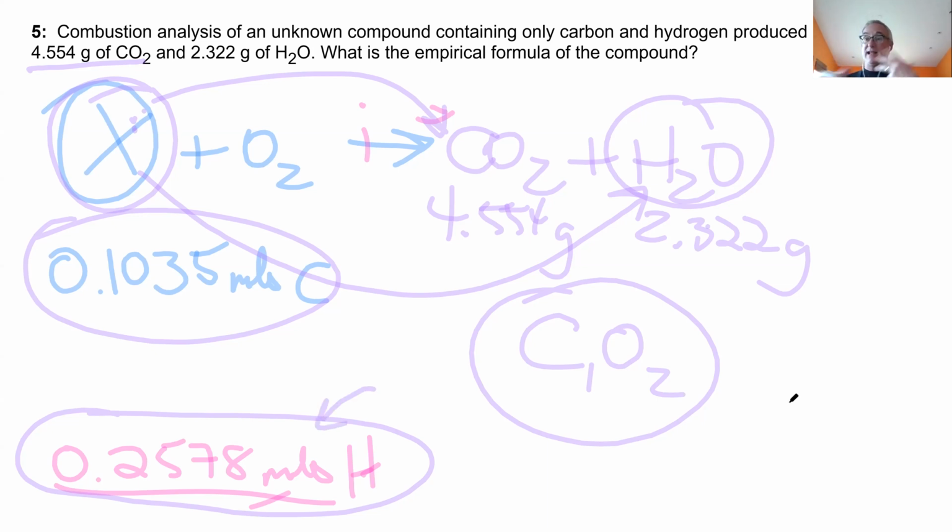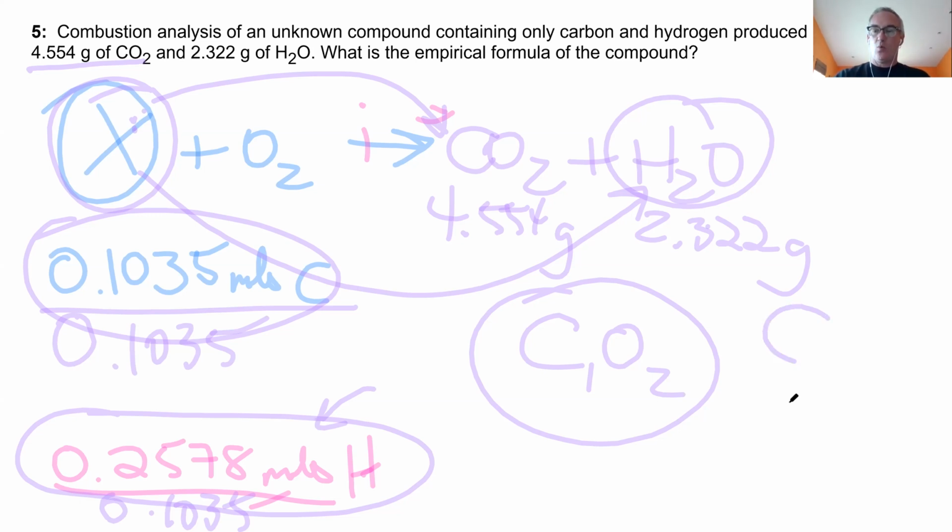And then we just did the same trick we used last time to figure out the empirical formula. We just divide by the smallest number of moles, and that'll give us a shortcut to getting a whole number. So if we divide both by the smallest number of moles, the smallest immediately becomes 1.